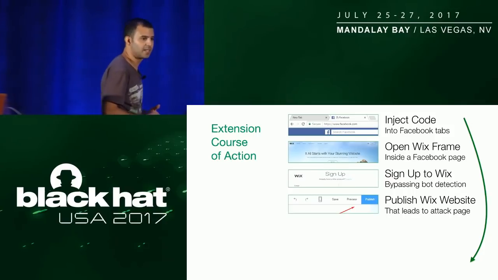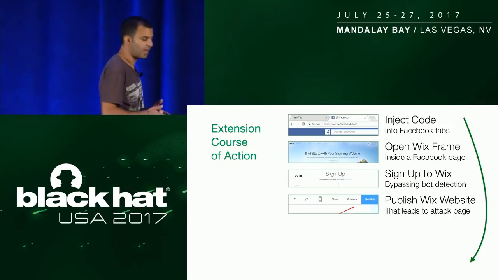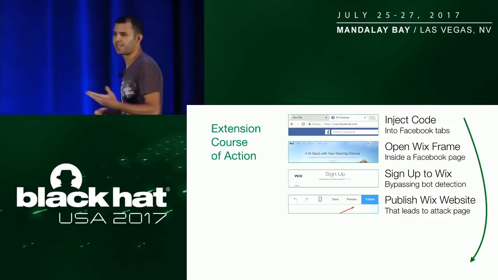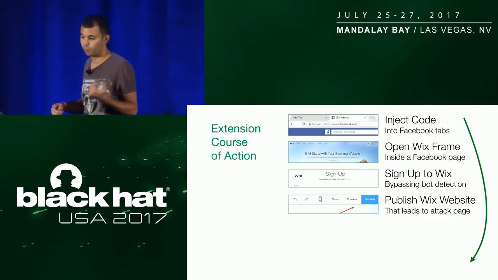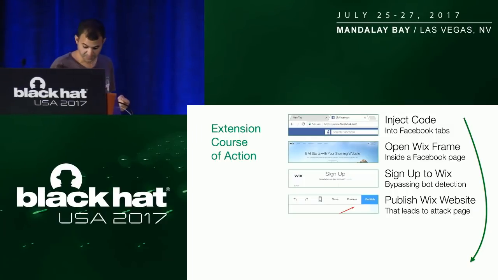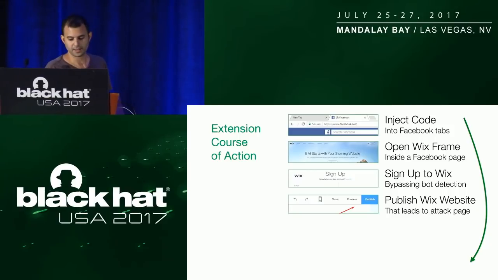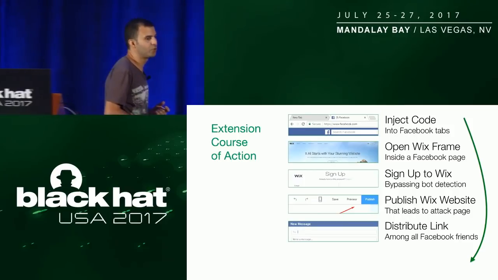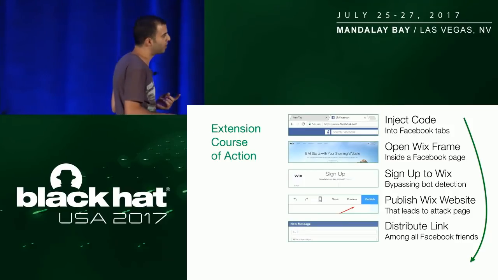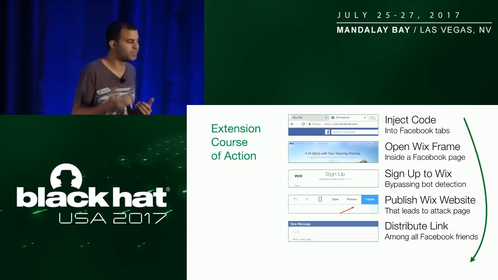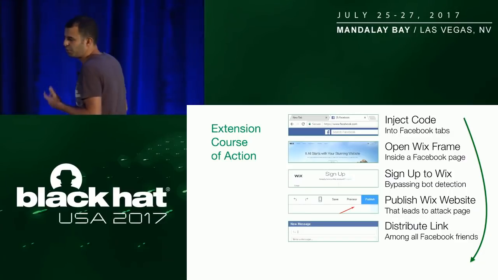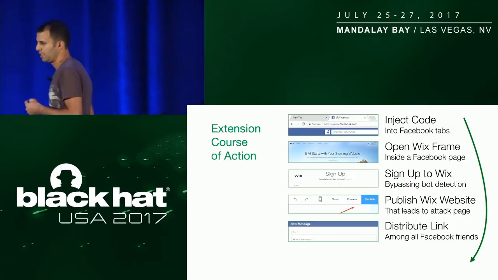The next thing it does, after signing up a new Wix user, is publish a new website. Now, all the websites lead to one page that we saw before. This website has a newly created URL, and the extension then takes this URL, the attack page URL of the Wix website, and distributes the link among all Facebook friends of the victim, using Facebook messaging.